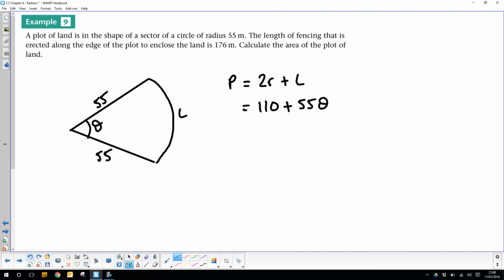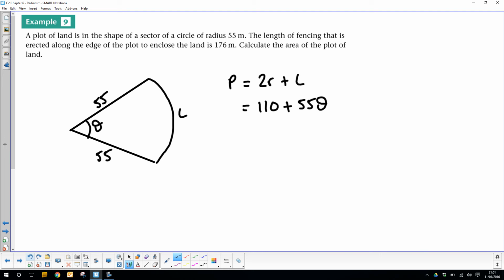That's because the 110 is the 55 and the 55, and the 55 theta part is L, r theta, to give us that curve length.